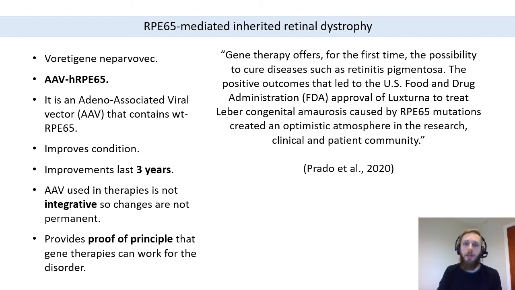So adeno-associated virus, when it infects a cell, it will have circularized copies of its genome inside the nucleus. It's not the same thing as permanent integration, but these stay in the cell for a long period of time.